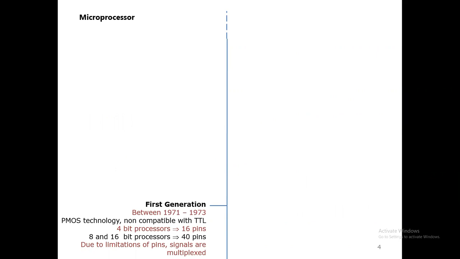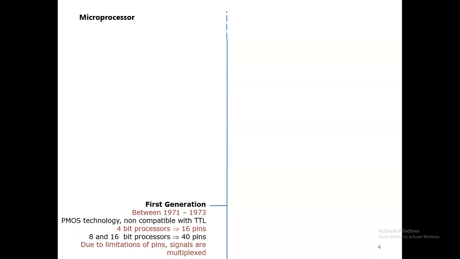The first generation was invented in 1971 by Intel. It uses PMOS technology, non-compatible with TTL, and it has 4-bit processors, and there are also 8 or 16-bit processors, and 16 pins.